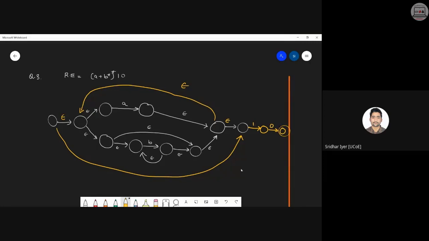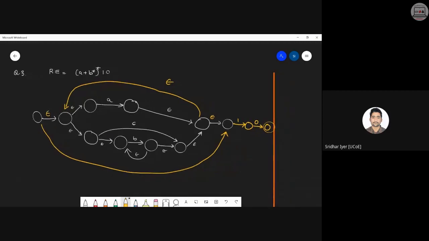I guess this is final now. It is A plus B closure, whole closure, 1, 0.